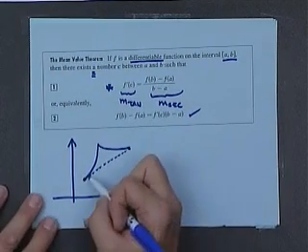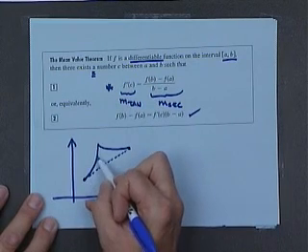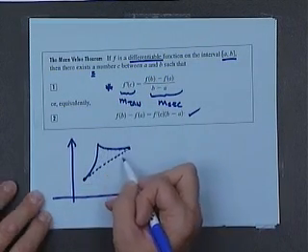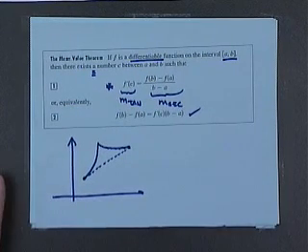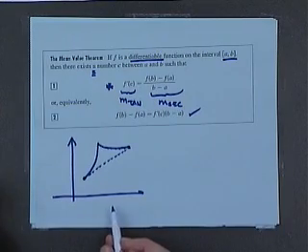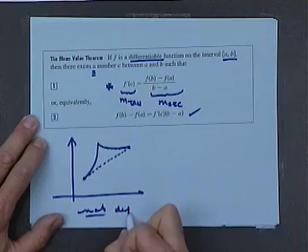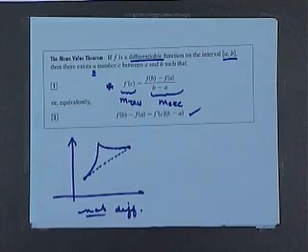Can you visualize any point along this curve where the slope of the tangent is the same as the slope of the secant? I can't either. In fact, it's not guaranteed, and in fact, it doesn't exist here.